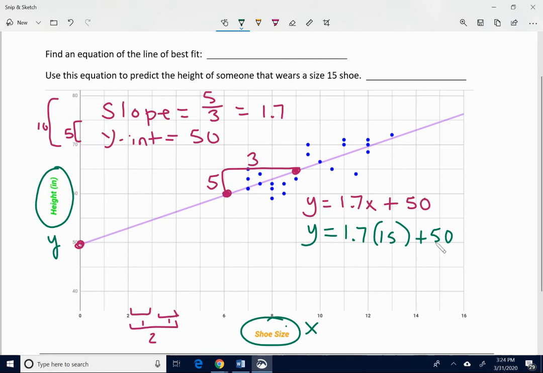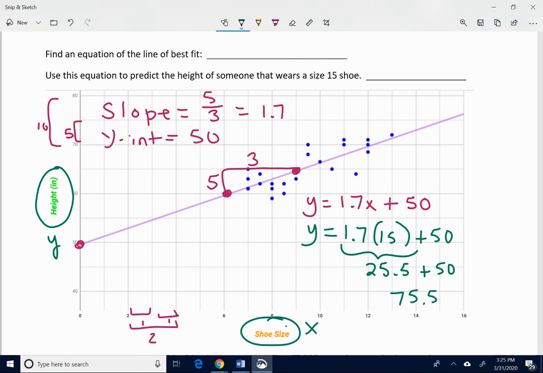So to make our prediction, all we need to do is find y by taking 1.7 times 15, which is 25.5, and then adding that to 50, and we get 75.5 inches. I guess that's 6 feet and 3.5 inches, which is probably the way you normally think of it. But that would be a good prediction for someone that wears a shoe size of 15.